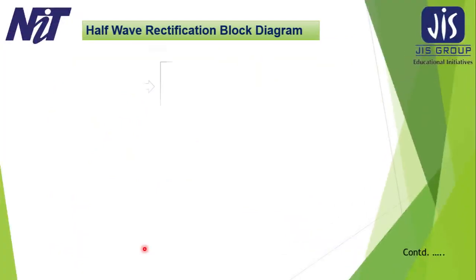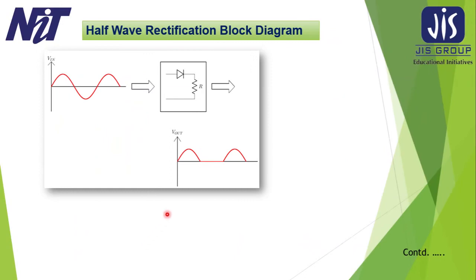Now we'll see a block diagram of a half wave rectifier, where a sinusoidal AC waveform has to be injected, and then you will get this kind of pulsating DC output, or you can say only the positive portion of the sinusoidal waveform will be available at the output.